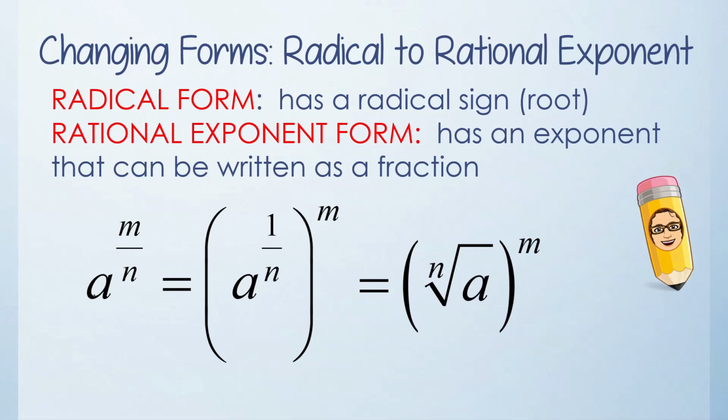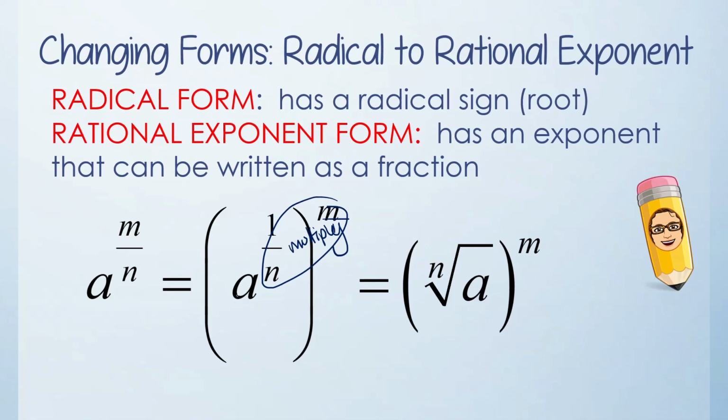So if I am in rational exponent form, aka exponent as a fraction, I can rewrite this as a to the 1 over n to the m power. Because remember our exponent rules: if I have a power to a power, we can multiply these two, right? If I do 1 over n times m, I'll get m over n.